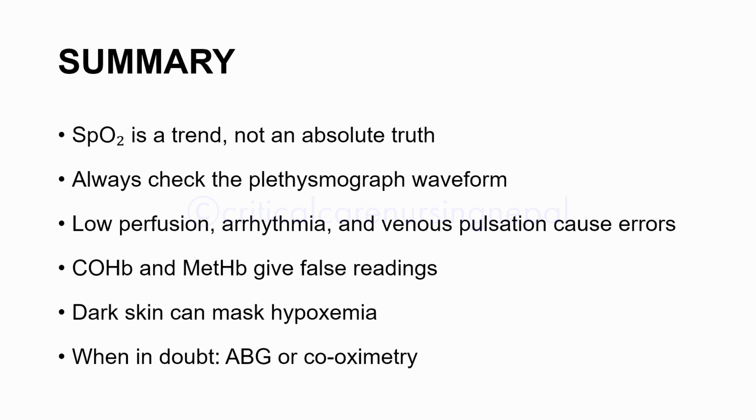Carboxyhemoglobin and methemoglobin give false readings. Keep that in mind. Dark skin can mask hypoxemia. When in doubt, always go for an ABG, and if available, go for co-oximetry. Pulse oximetry is a miracle of biomedical engineering. However, it is not a replacement for clinical judgment.